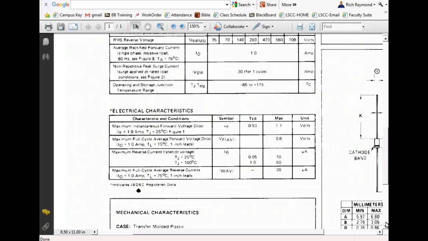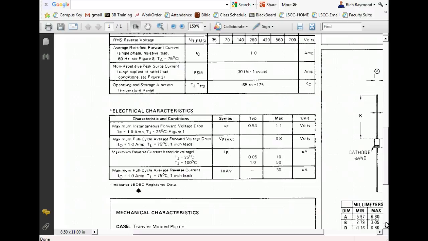This guy right here is running at what? 1 amp with 1 inch leads. The people don't understand, the longer you make the leads, the longer it takes the diode to dissipate its heat. If you look at a chart, especially on Zener diodes, because they run reverse bias and get a little hot, they derate depending on the length of the leads.